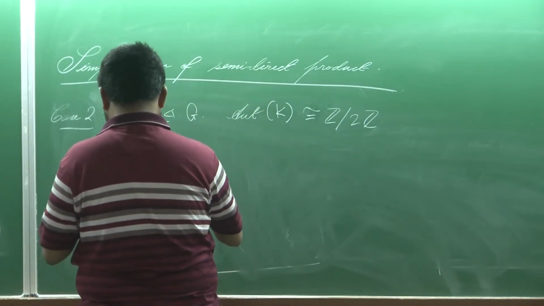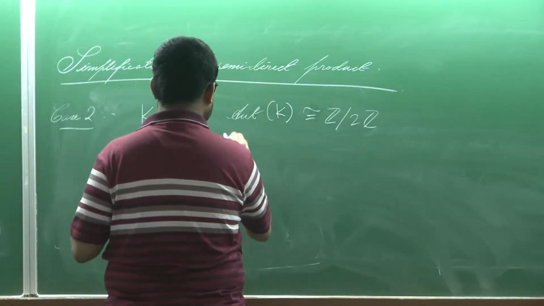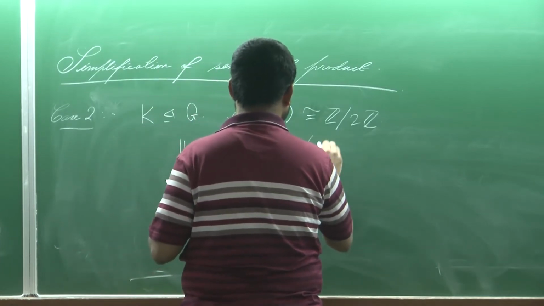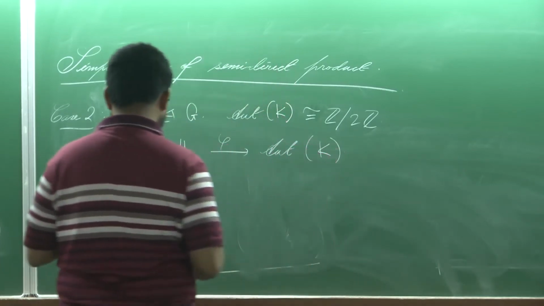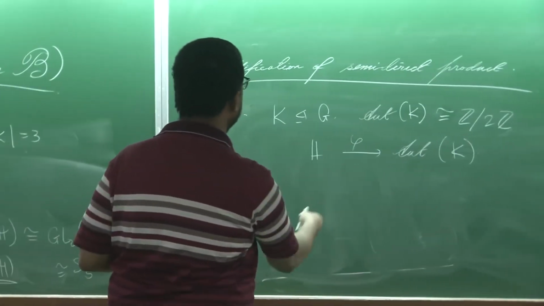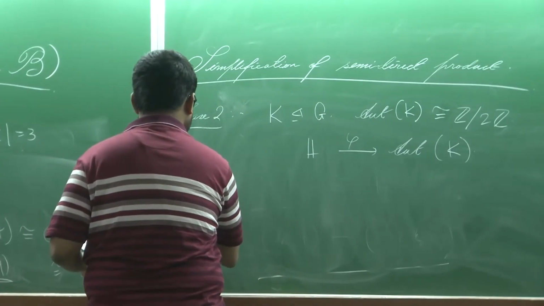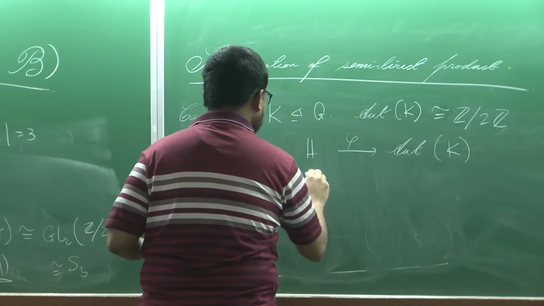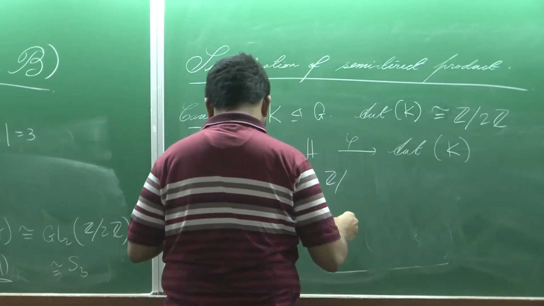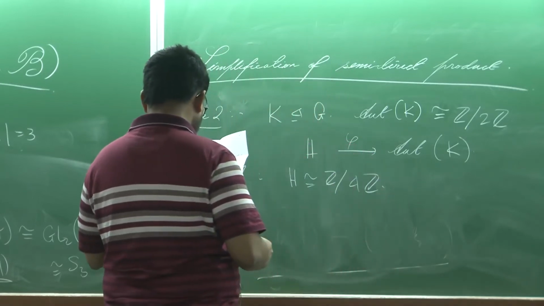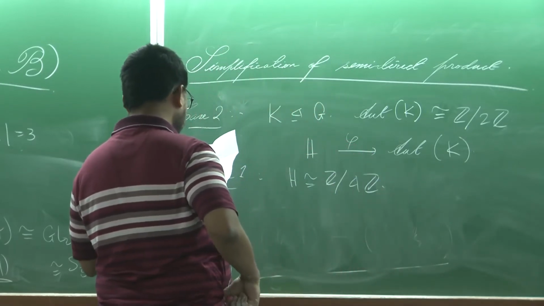Once that is there, the next task is to find the number of homomorphisms from H to Aut K. Now we do have 2 possibilities for H as well. In subcase 1, H is isomorphic to Z modulo 4Z.